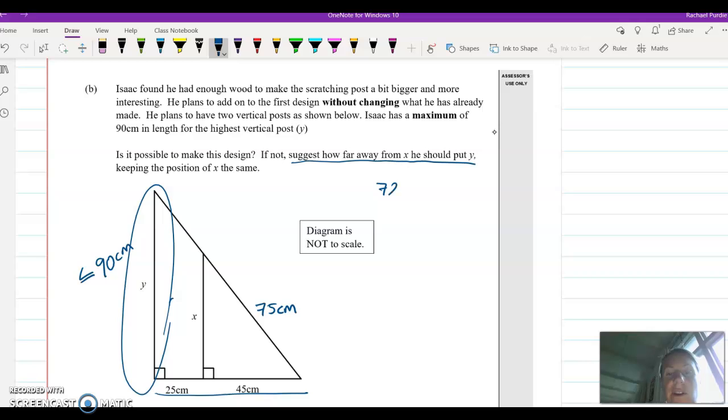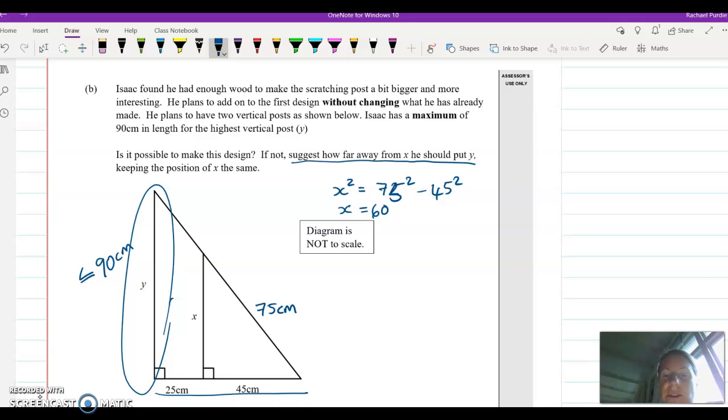So you could do 75 squared minus 45 squared, and I'm just using my calculator on my phone, which is really kind of dumb and annoying, but let's try it. 75 squared minus 45 squared equals, square root of that. Oh, we know that. It was 60. Oh, my goodness. So X is 60. We worked it out in part A. So the question is, is it going to be possible for that to be 90?